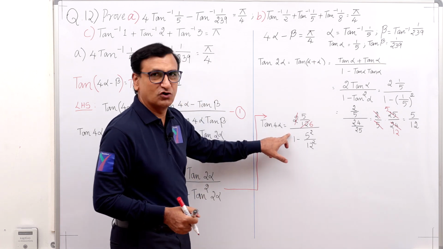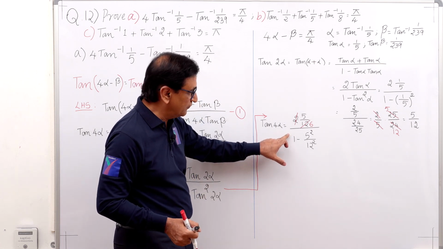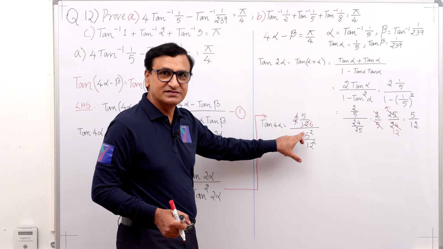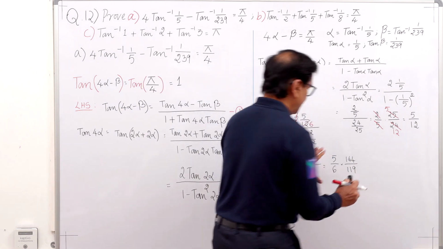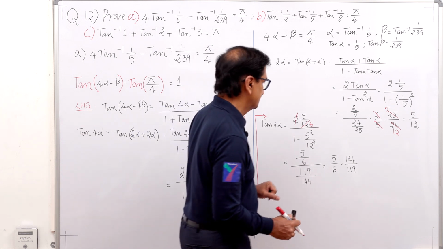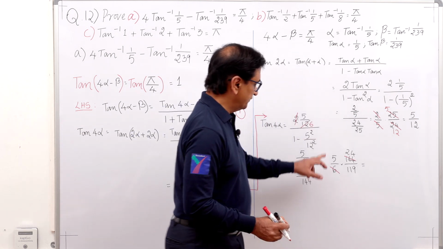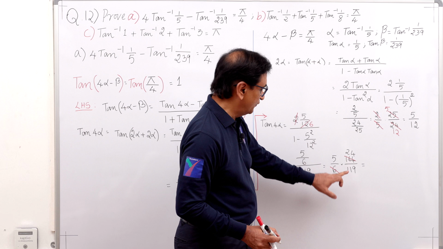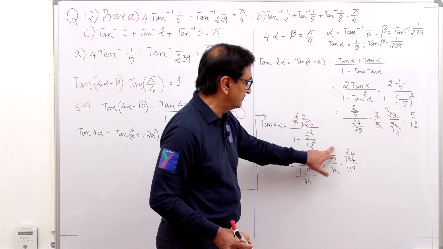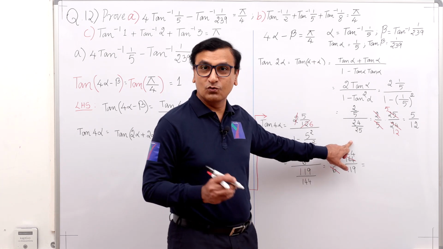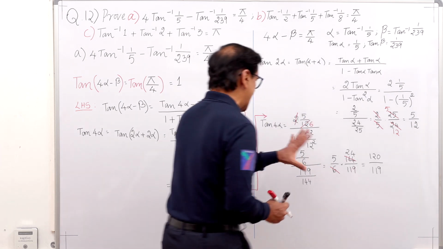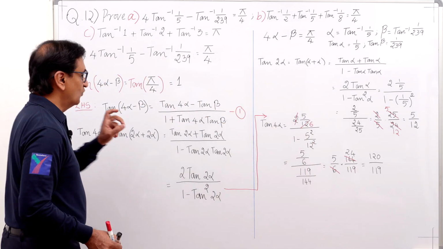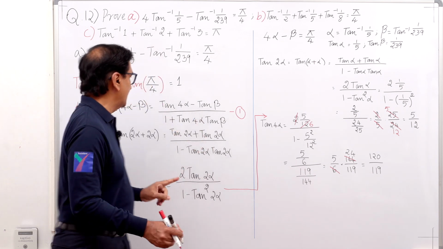So 144 common denominator, 144 minus 25, that would be 119. So we just have to simplify this now. So we have 5 multiplied by 24 divided by 119. So 5 24s are 120. So 120 by 119. So tan 4 alpha is 120 divided by 119.